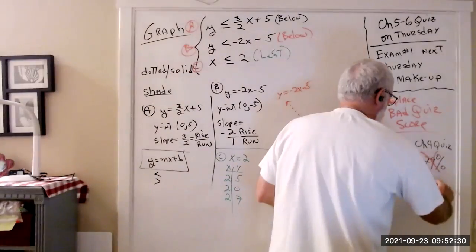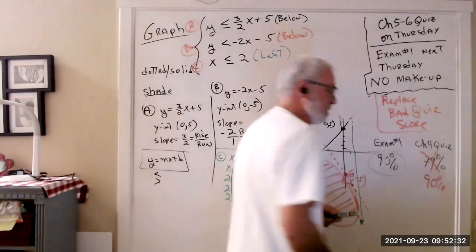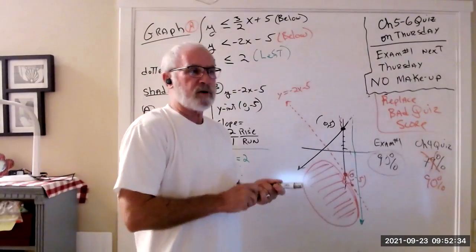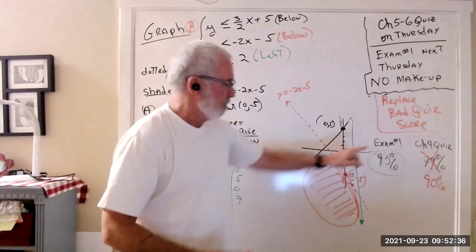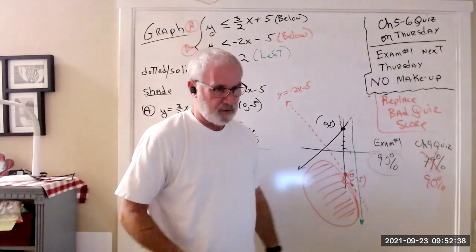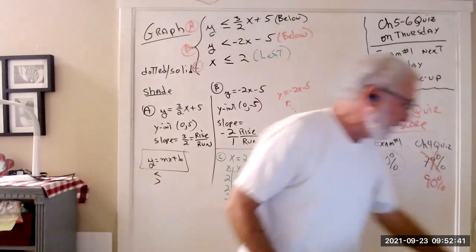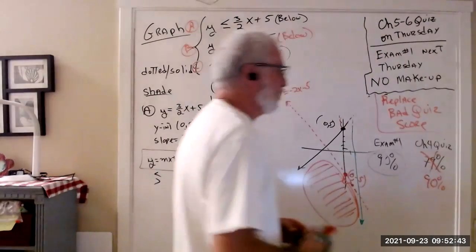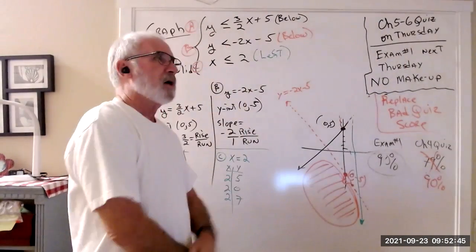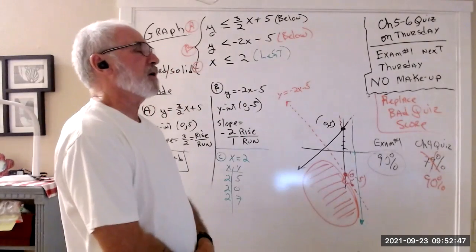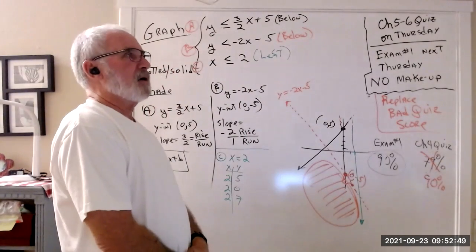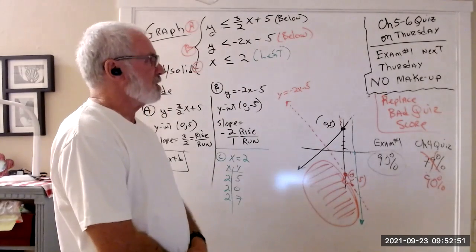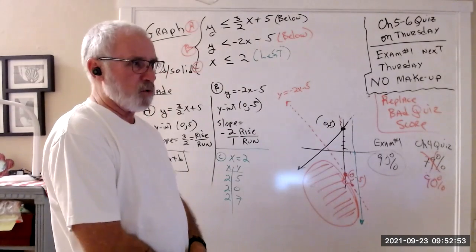I'm going to change it to a 90%. I'll change it to whatever it takes to help you the most based upon how you did on exam 1. So that's a little bit of emphasis, a little bit of a carrot, getting you to study just a touch harder because it has so much more meaning for you.